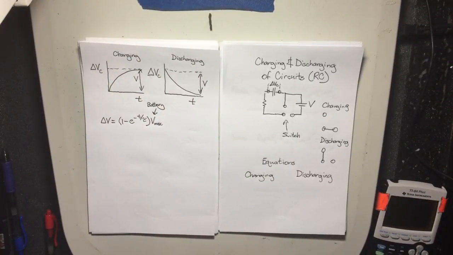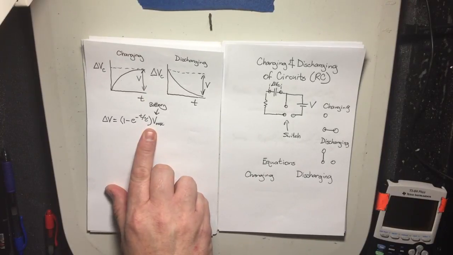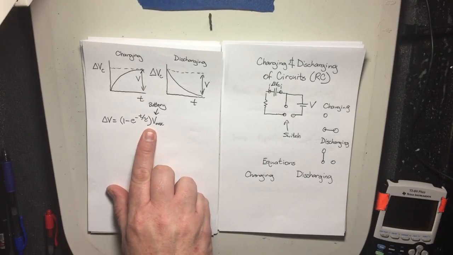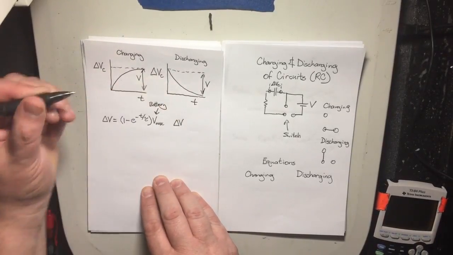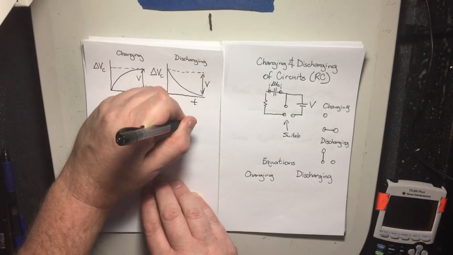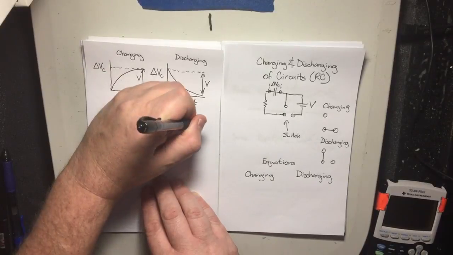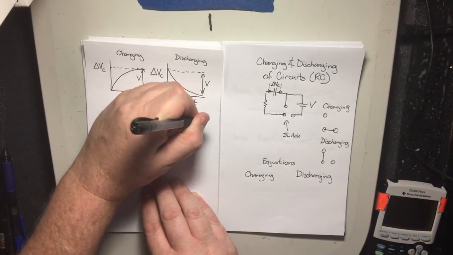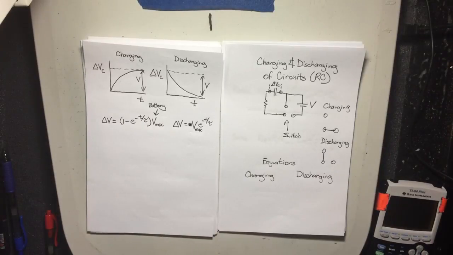The potential difference across the capacitor is this function, and we're going to get to that in a little bit. For discharging, the potential difference across that capacitor is V max e to the negative t over tau.